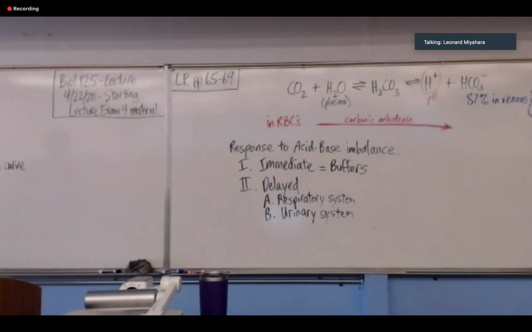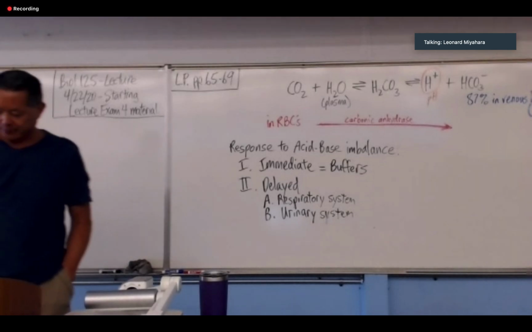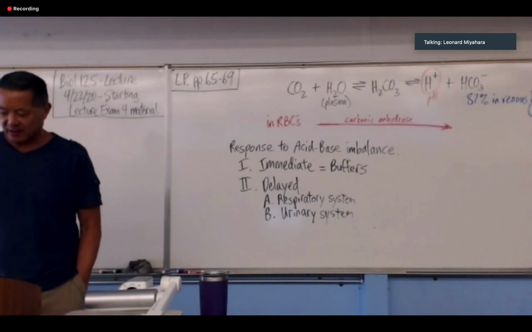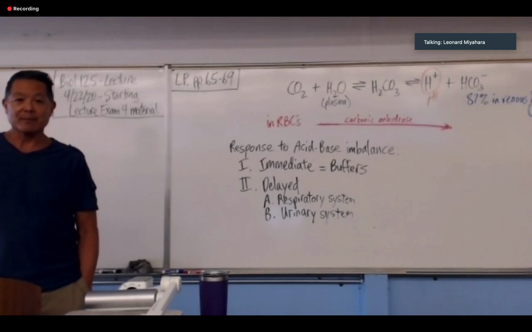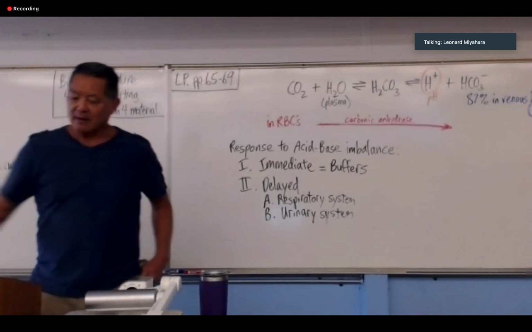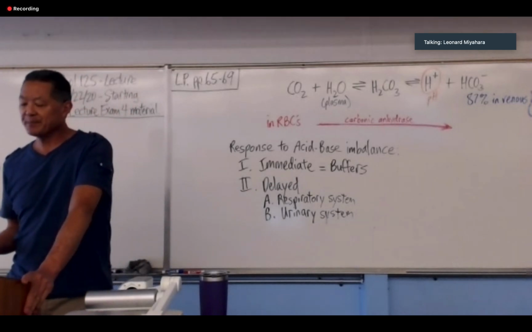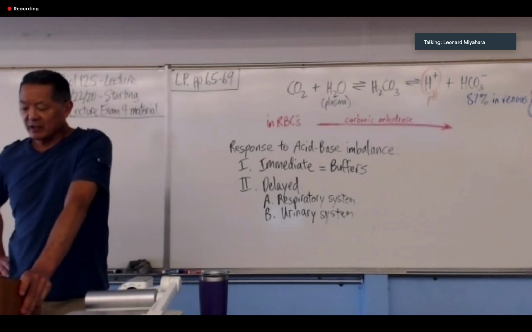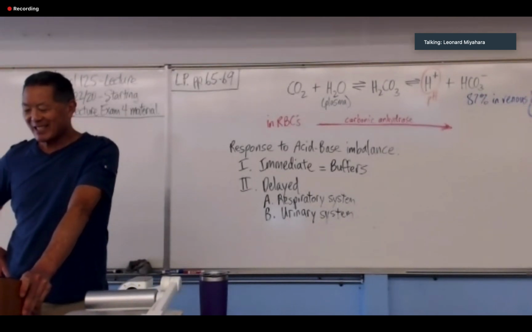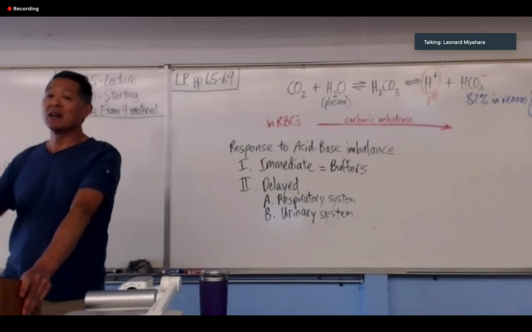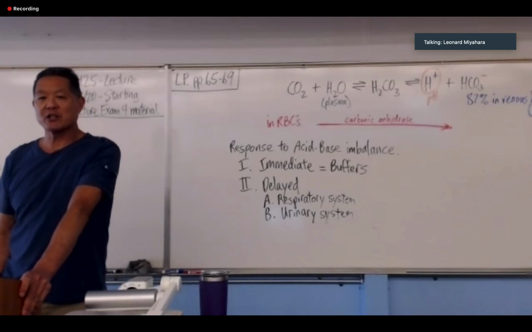So if your kidney tubules are secreting out a positive ion, and it's usually potassium, it's going to reabsorb sodium. Now, if you are acidic, it will not secrete out as much potassium, and in exchange for potassium, it'll actually secrete out hydrogen ion.